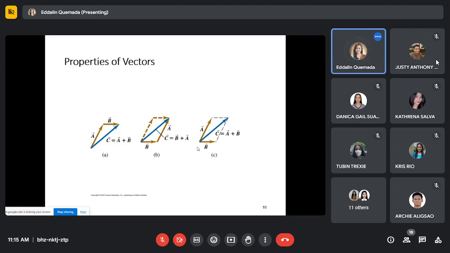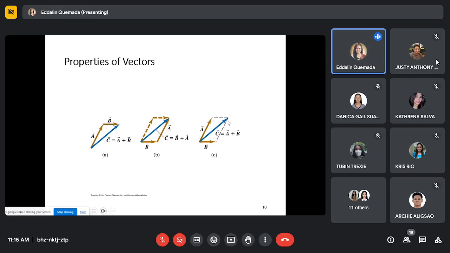Ma'am, what is that? This is a different case. Why? Vector B, we plotted first, and now we connect the next vector by placing the second vector tail to tail. So we connect the tail of the second vector to the tail of the first vector. Where is now the resultant?